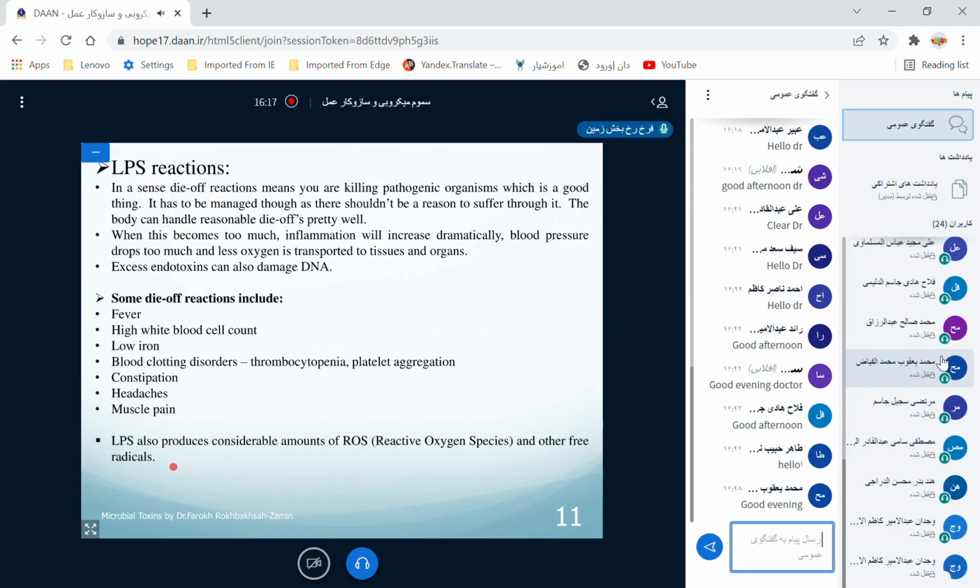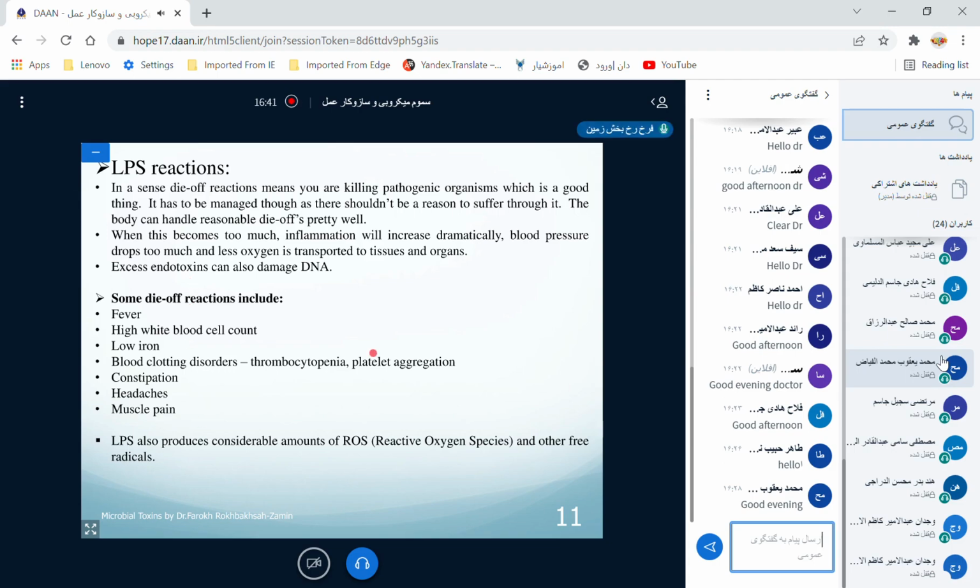And LPS also produces considerable amounts of ROS. What is ROS? Reactive oxygen species and other free radicals. So they are not good. Free radicals are effective on different parts of the cells.